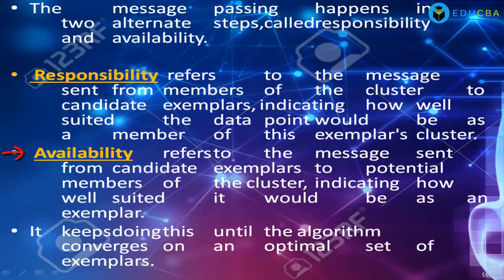So here the exemplar is showing its identity to the member, while in the case of responsibility, members of that cluster show their identity to the exemplar. Both messages are sent, and that is the message passing process in this model. It keeps doing this until the algorithm converges on an optimal set of exemplars. So finally we will find the optimal set of exemplars using that method.